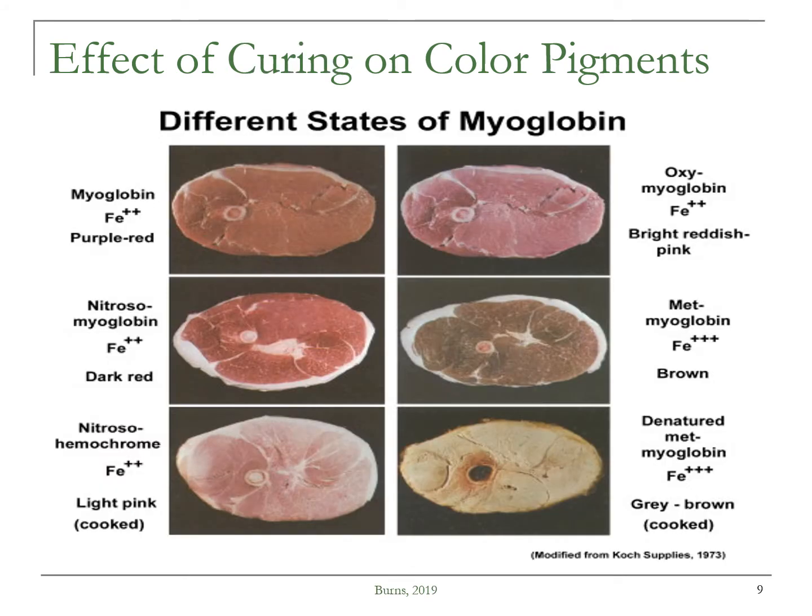Now, color pigments are also affected by the curing of meat. So meats such as ham and bacon are cured, and to cure, we usually use sodium nitrate and salt to preserve the meat. Curing is just the preservation of meat using sodium.